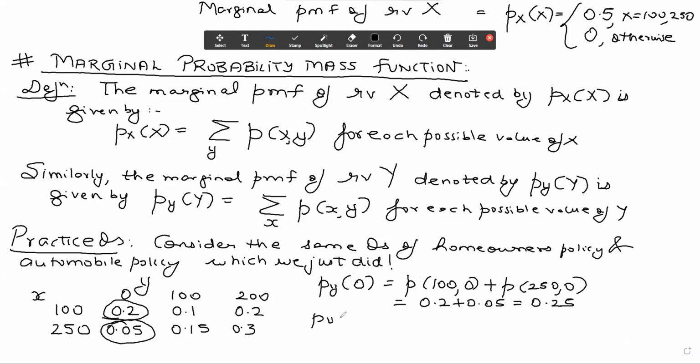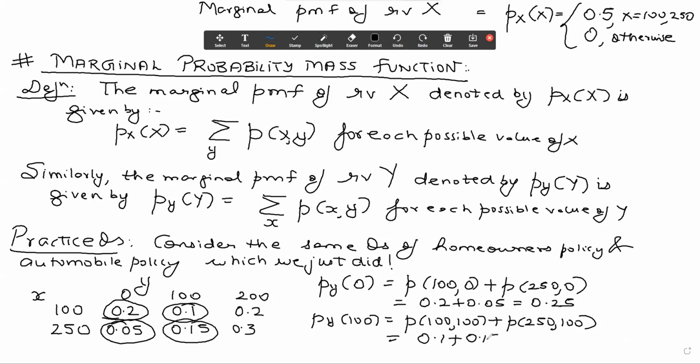Similarly, py of 100 will be p of 100 comma 100. Again, y is fixed at 100 now. So this will be 0.1 plus 0.15, which is 0.25.